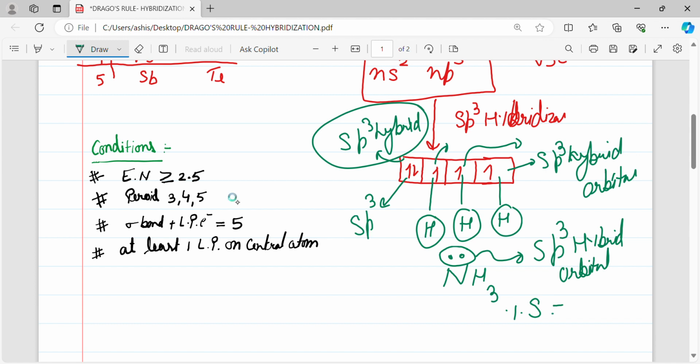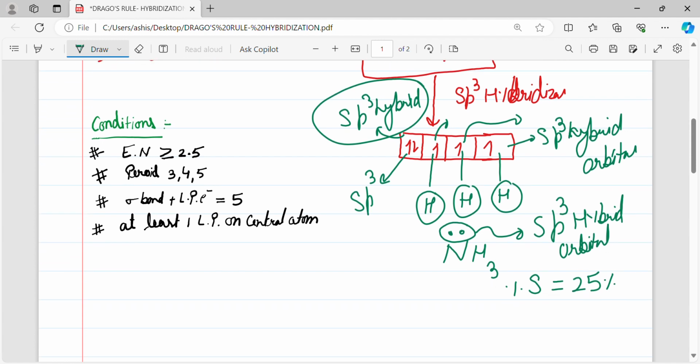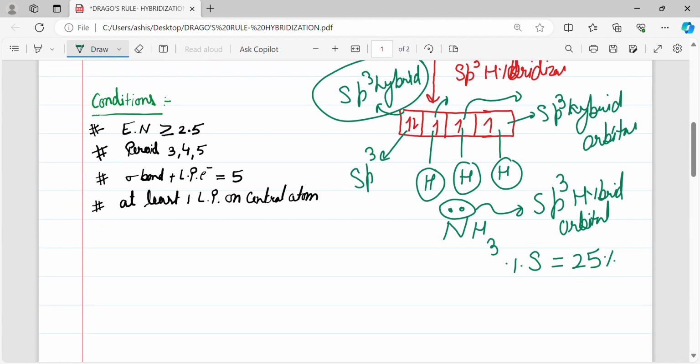And what is the s character in an sp3 hybrid orbital? There is 25% s character in the orbital of the nitrogen atom in the case of ammonia.